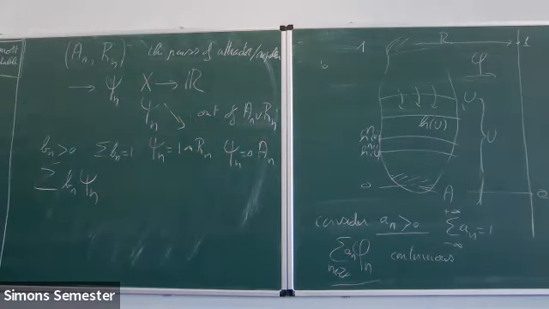The points which are not in the union for some attractor-repeller pair are precisely the non-chain recurrent points. So any sum like that decreases strictly on the points which are not chain recurrent.